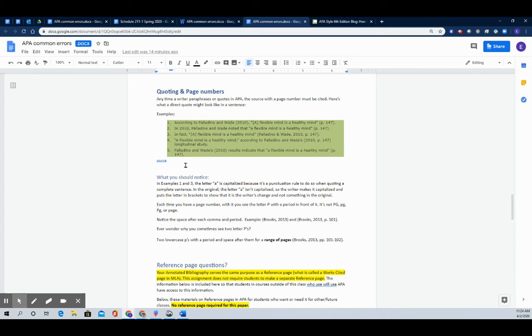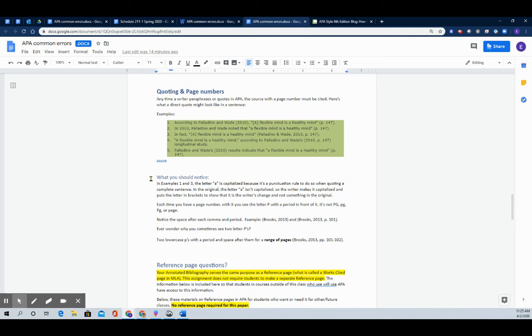I do want you to pause and read through that a few times so that you can see what's going on in these sentences and how it changes sentence to sentence with how Palladino and Wade in 2010 appear in the sentences, how those are in different places in these sentences, what the page number looks like in the sentences, where the quotation marks go, where you see commas in the sentence.